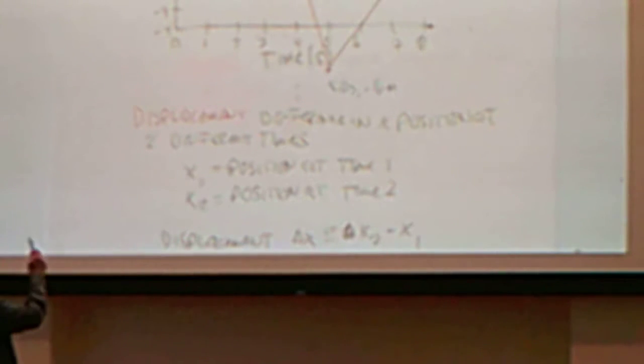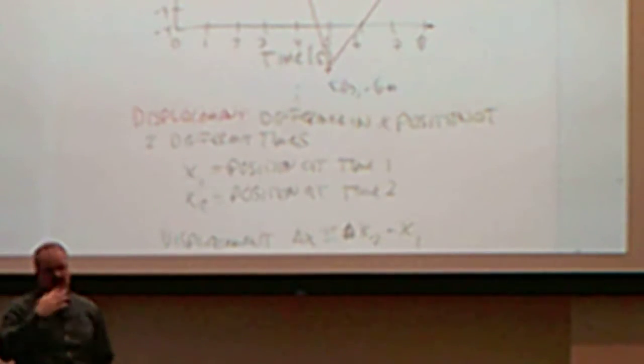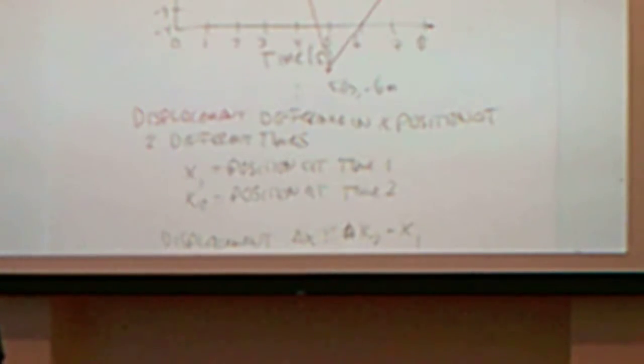Let's see, 5 plus 11 plus 6. So 22 meters? Is that right? Okay. So that's 22 meters divided by the time, 8.0 seconds. And we're going to get 2.8-ish meters per second.